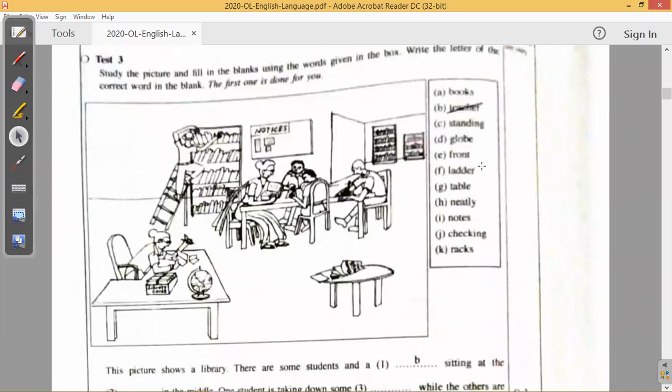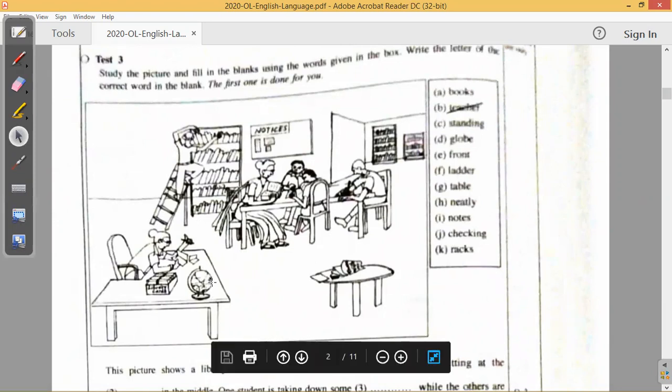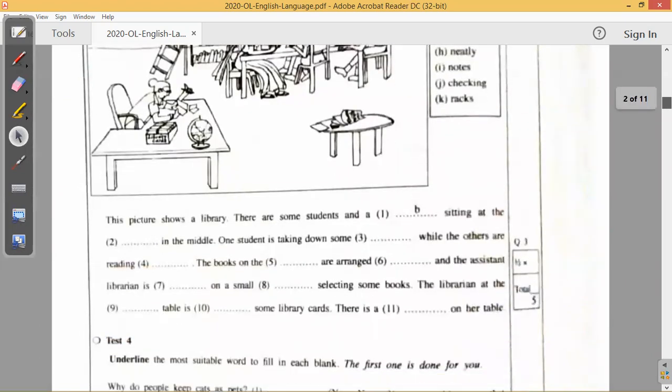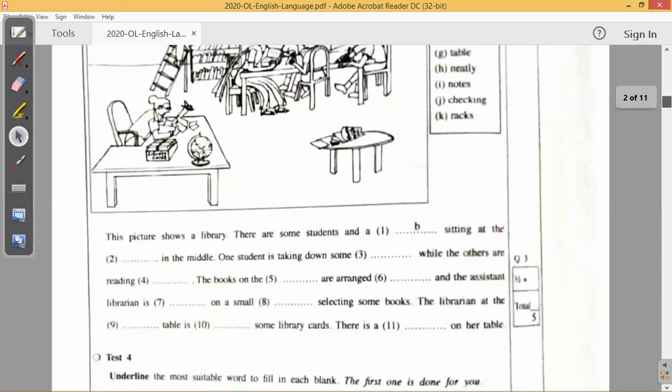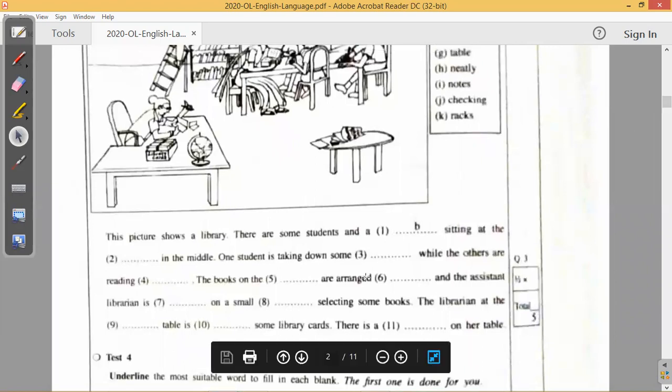Standing, door, front, ladder, table, neatly, notes, checking, racks. And I think they're talking about this globe, right? That is what is on her table. So let's start with that. The first one is, you're going to fill these blanks with, there is a globe on her table.